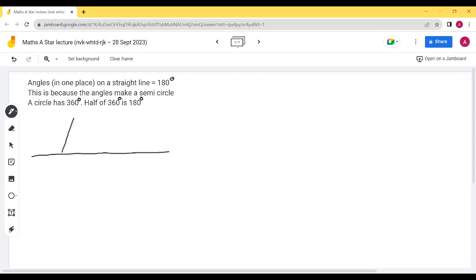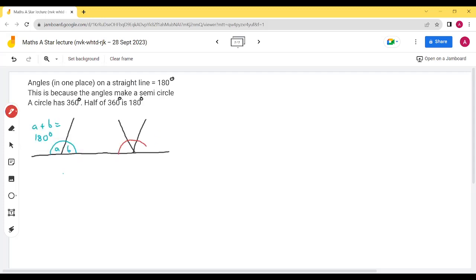but you could have a couple of places coming out of the line here. So we've got our first one here. We've got A and B, and so A plus B equals 180 degrees. And you can see they make the semicircle together.